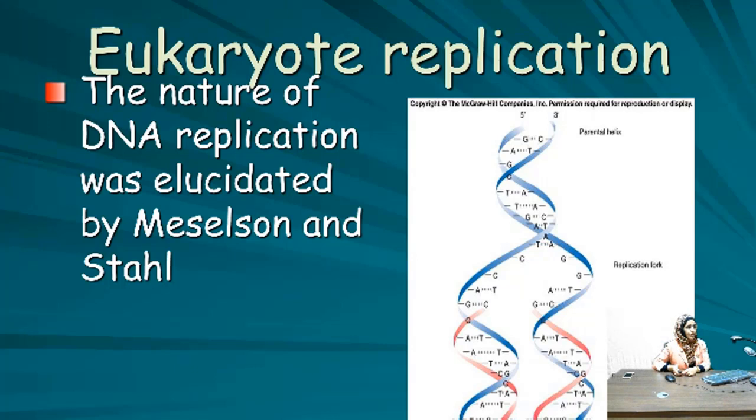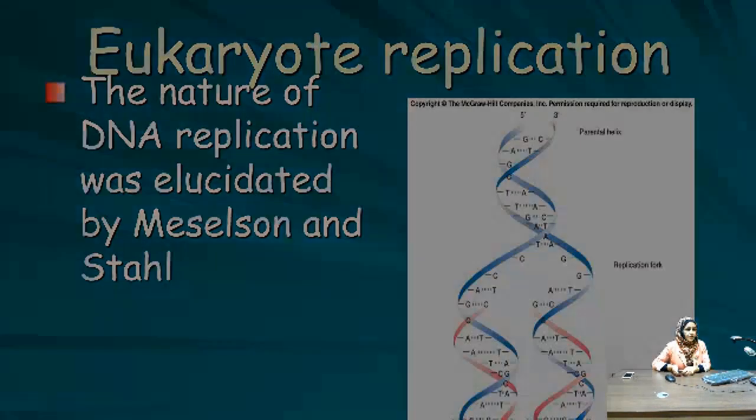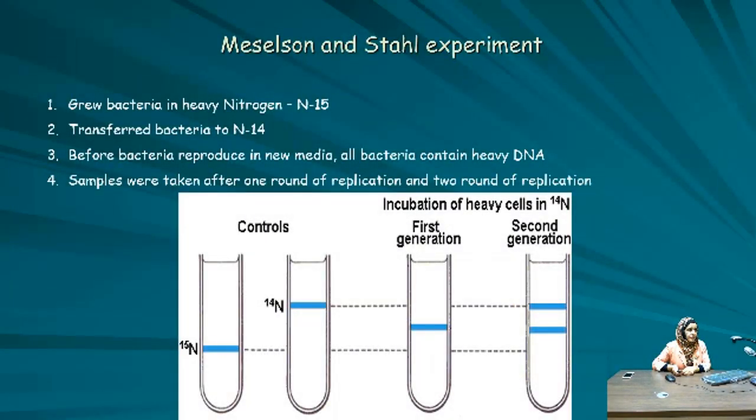Eukaryote replication. The nature of DNA replication was illustrated by Meselson and Stahl. This figure shows the parental helix, the replication fork and replicon. The Meselson and Stahl experiment: grow the bacteria in heavy nitrogen N15 and transfer to the first tube.